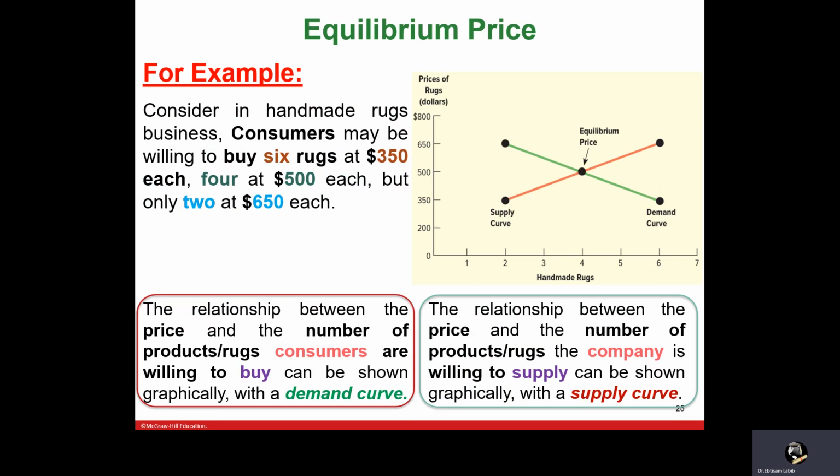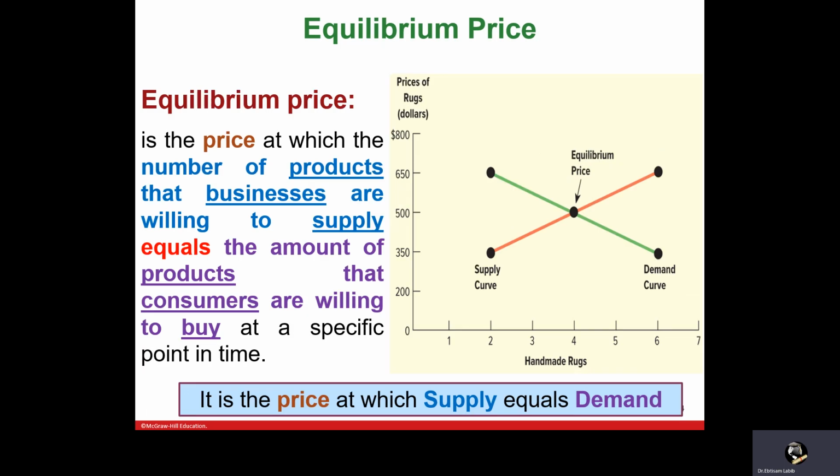Okay? To make it clearer for you, let's take this example. Consider that we have a business that is selling handmade rugs. If you look at this figure, it's clearer. We have two curves, the red curve and the green curve. The green curve represents the relationship between the amount of products the consumers are willing to buy and the prices they are willing to pay.